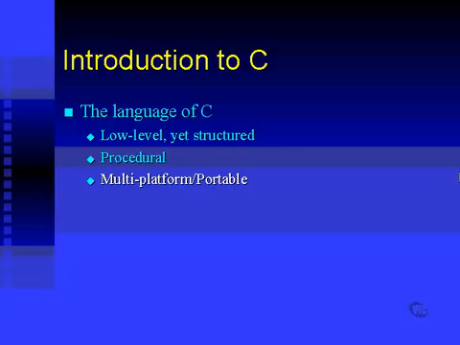C has been around for a long time. I believe that it started back in the 60s, and interestingly enough, it was a derivative of the language called B, but we won't be talking about that in this course. C is an incredibly powerful language. In fact, it could almost be said that it's too powerful.